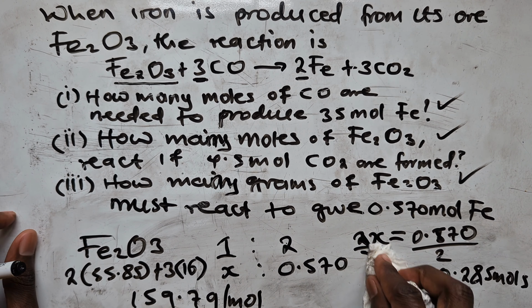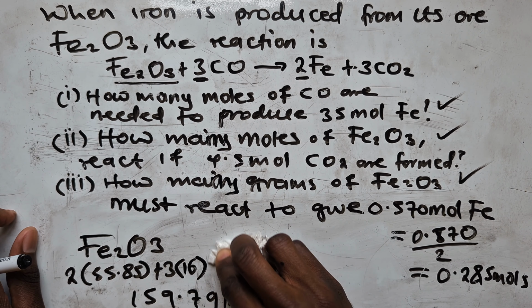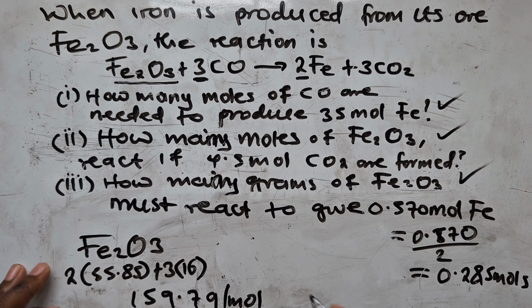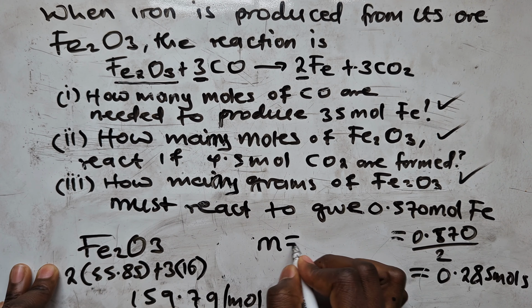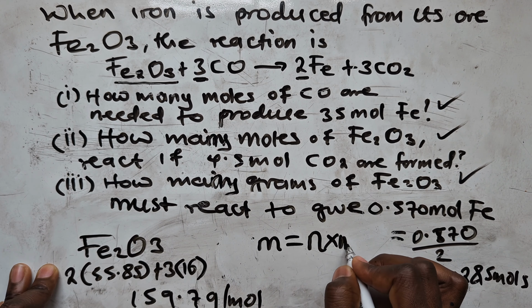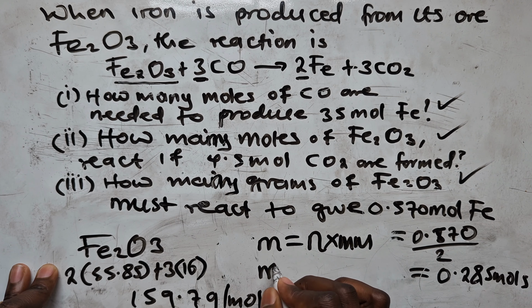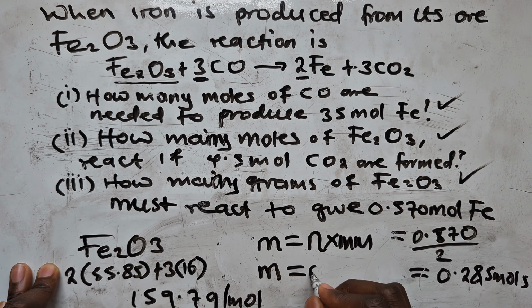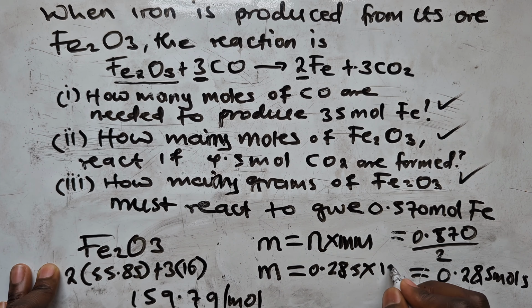So we can change this number of moles to mass. How do you change here? So it's something which is very simple, because we know that mass is equal to number of moles multiplied by molar mass. So just multiply moles, which is 0.285 by 159.7.